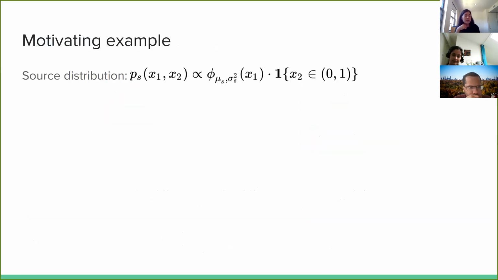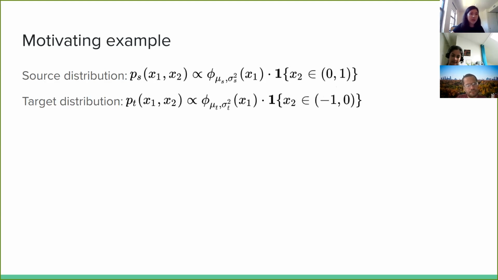We'll end up proposing a framework that's very similar in spirit to importance weighting, but to see why it might circumvent the challenges I mentioned, let's look at a very simple toy example. Suppose we have two features, x1 and x2, and our x and y pairs. Suppose the source distribution is proportional to a normal distribution on x1, times an indicator variable if x2 is within the range of 0 to 1.